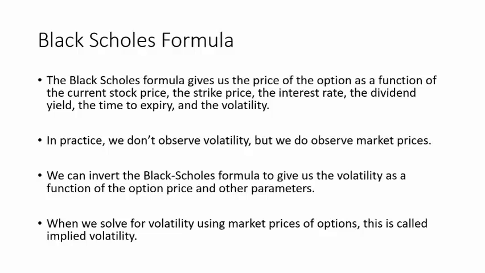So suppose now we want to solve for volatility, or we calculate volatility by using the market price of the option and the other parameters. And when we solve for volatility using market prices of options, this is called implied volatility. So implied volatility means the volatility implied by the current market price of the option.